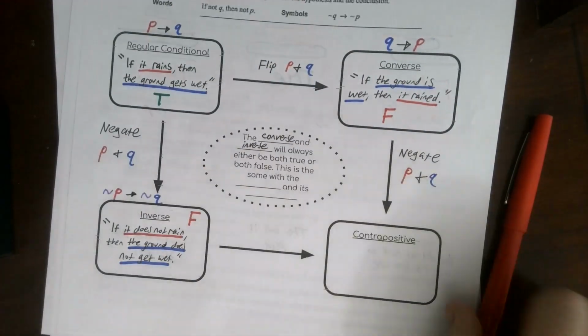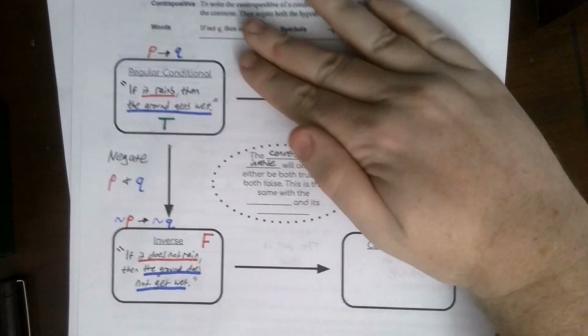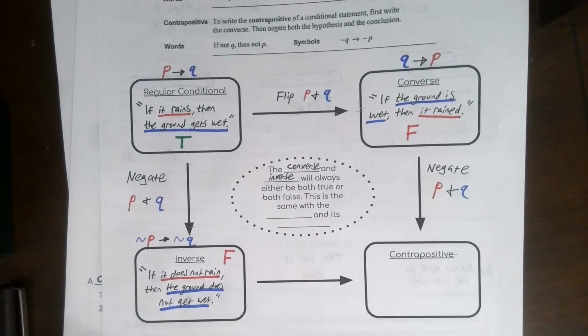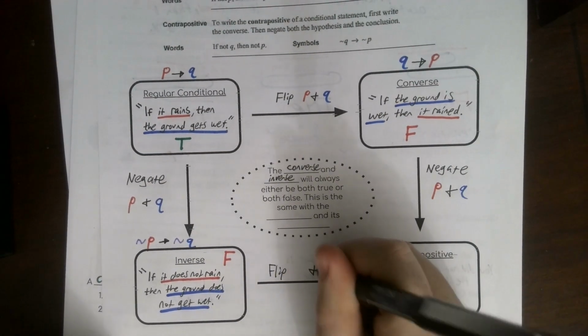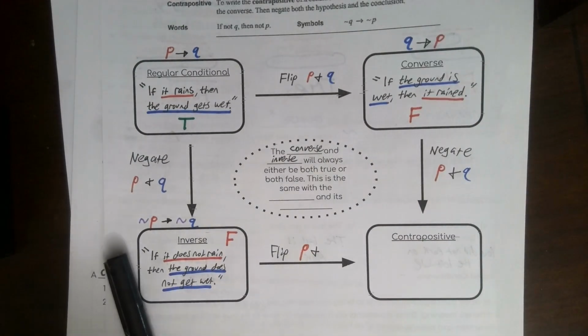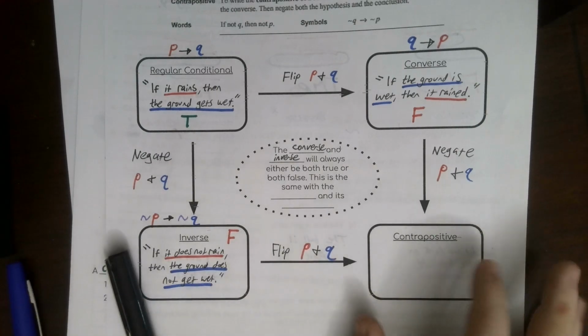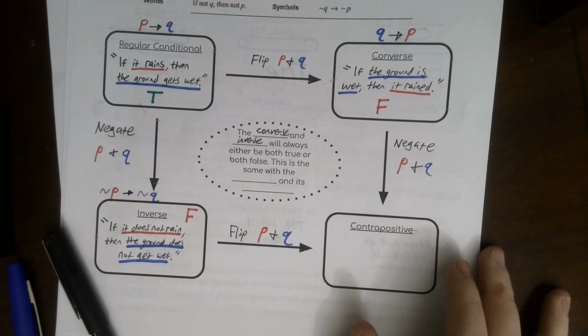Or instead, I could start off by negating P and Q, like I did to find the inverse, and then flip them, like I did with the converse. Either way, this is the idea that we're doing both actions. We're changing it in both ways, flipping it and negating it. And you can do it in whatever order you want.